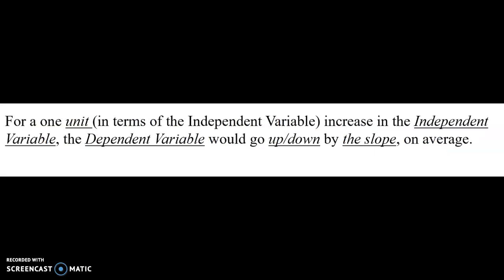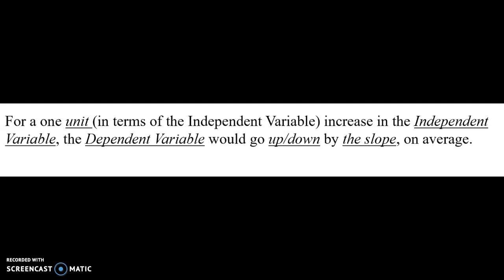Well, back from the PowerPoint slides, we were talking about how to interpret the regression equation for one unit increase in the independent variable. Whenever the independent variable goes up, the dependent variable would go up or down by the slope on average.